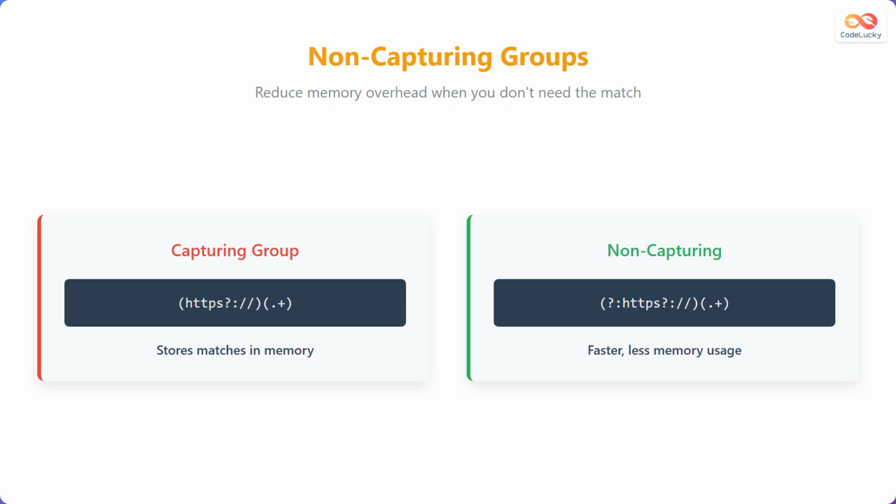Now check out the non-capturing group: (?:https)/(.+). It's faster and uses less memory because it doesn't store the matched group. Use non-capturing groups when you only need to group parts of the regex without needing to recall the matched text.